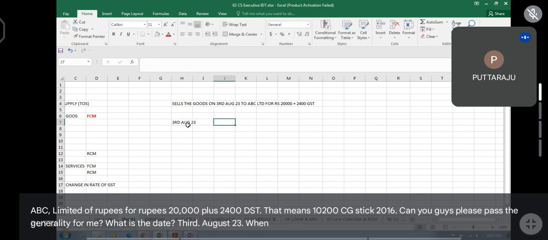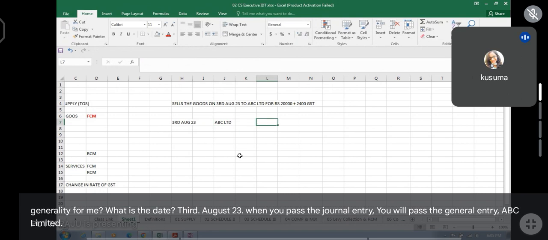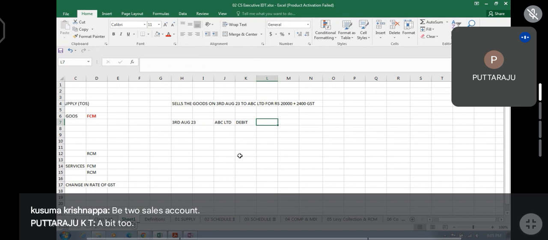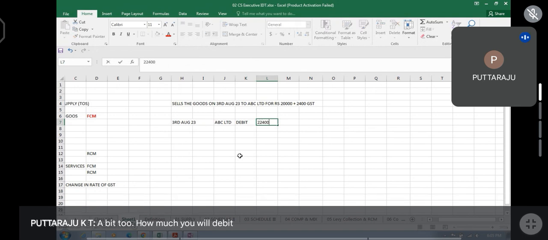When you pass the journal entry: ABC Limited debit to sales account. How much will you debit? 22,400 you will debit including GST.